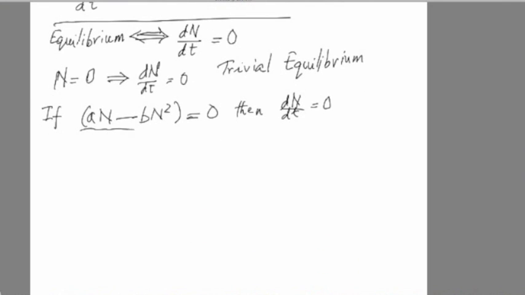This condition is clearly satisfied when n is 0, but it's also satisfied when n is equal to a over b. And you can see that when n equals a over b, the first term becomes a squared over b, and the second term is also a squared over b, and so this is indeed an equilibrium. We started out saying that a was positive and b was positive, and so this value of n is some positive number, and it is conventional to use the symbol k for it.